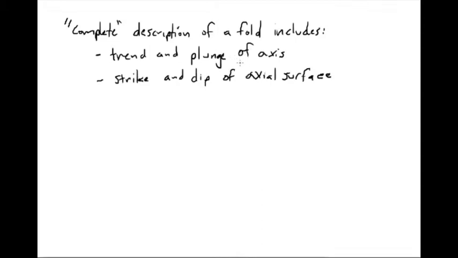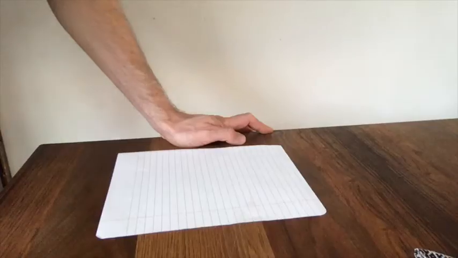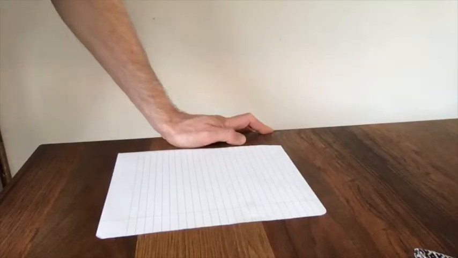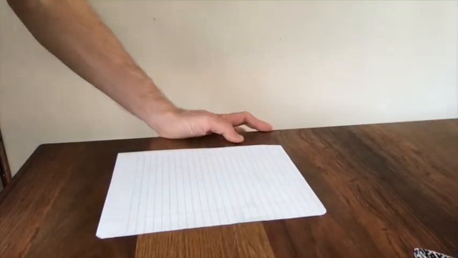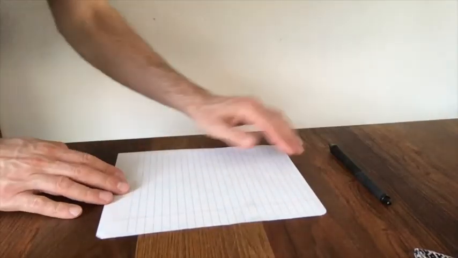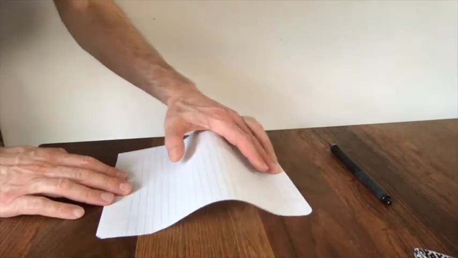Where you could have the trend and plunge of an axis and the axial surface could be different. We're going to demonstrate how a fold could have the same fold axis but a different axial plane. Okay, so here's an upright fold.